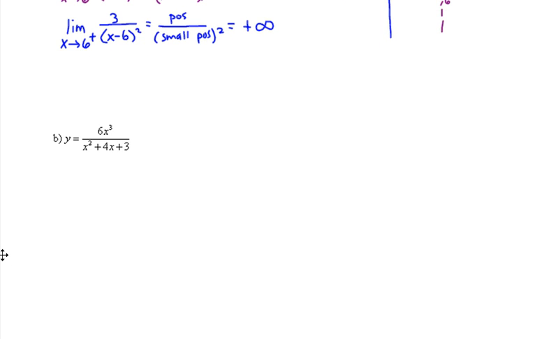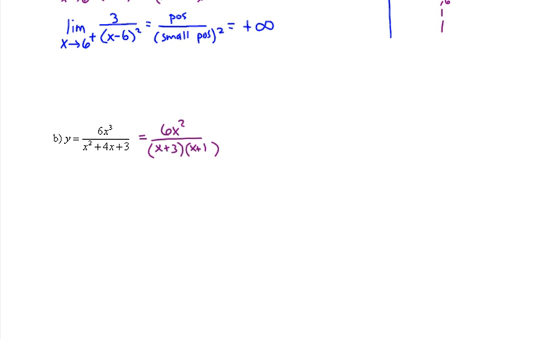How do I figure out my asymptotes here? Factor. We can do that really quickly, right? x plus 3, x plus 1. How many limits am I going to have to do? 4.